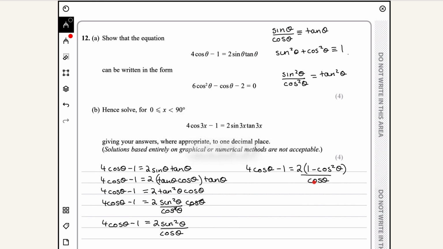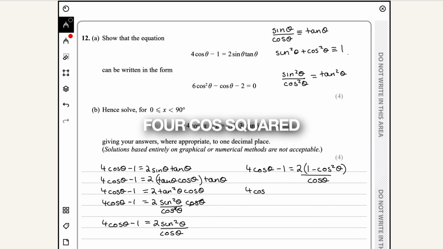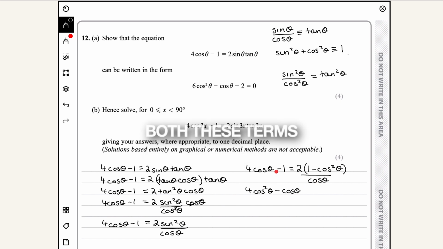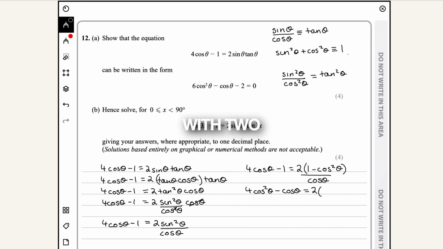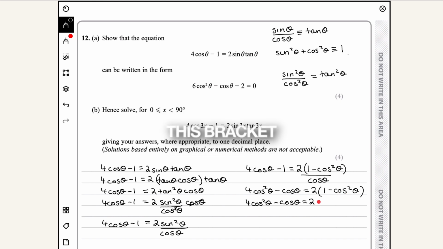I'm going to multiply both sides by cos theta, and I get 4 cos squared theta minus cos theta. I need to multiply both these terms by cos theta, and that removes it from this side. I end up with 2 into 1 minus cos squared theta. If I multiply that out, I end up with 4 cos squared theta minus cos theta equals 2, minus 2 cos squared theta from multiplying out this bracket.